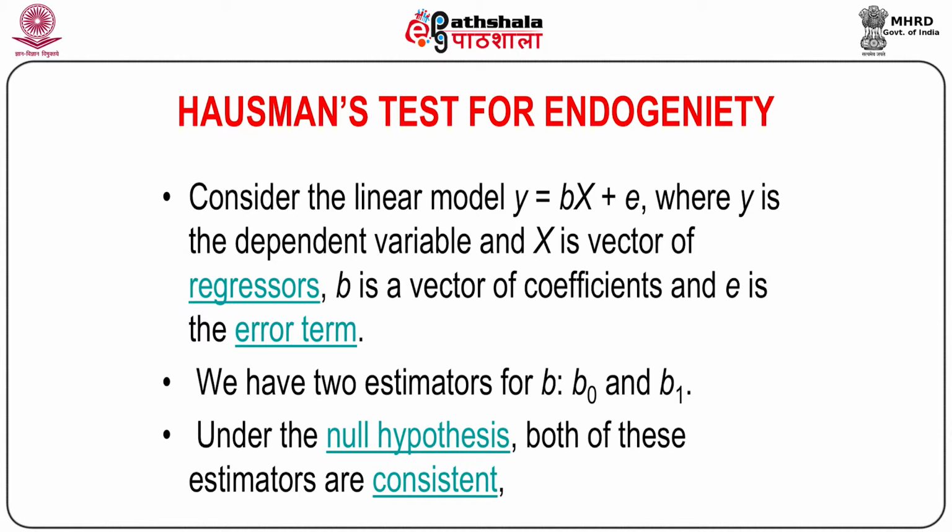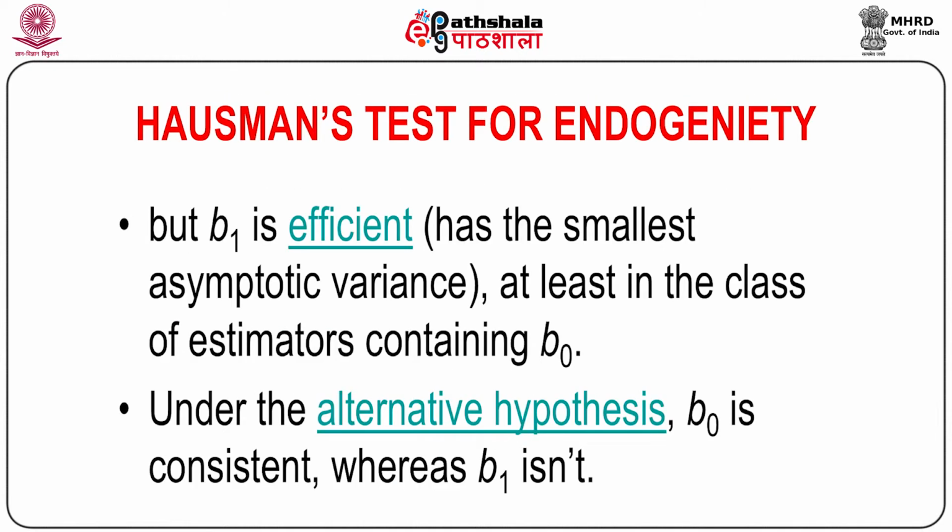Under the null hypothesis, both estimators are consistent, but b1 is inefficient, having the smallest asymptotic variance at least in the class of estimators containing b0. Under the alternative hypothesis, b0 is consistent whereas b1 is not.